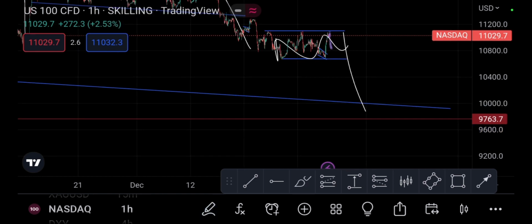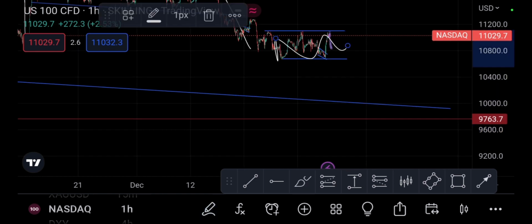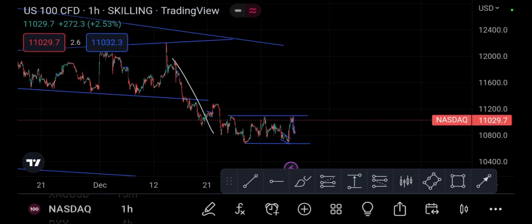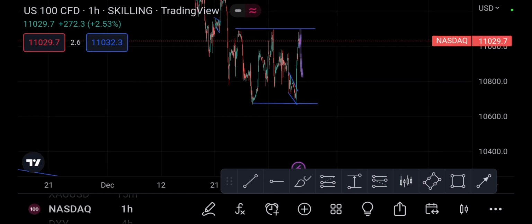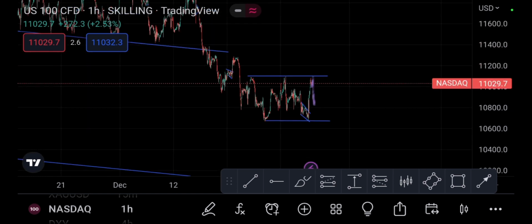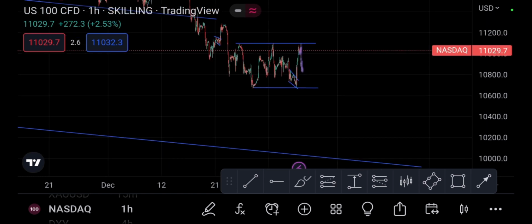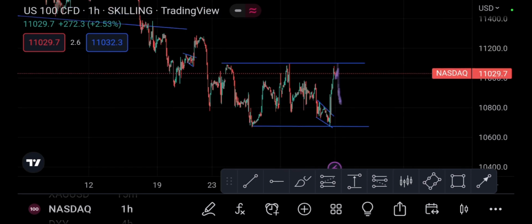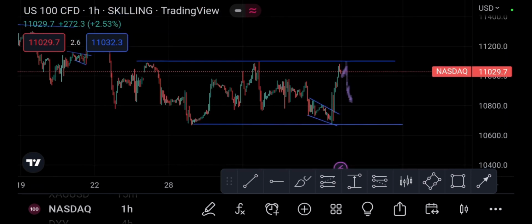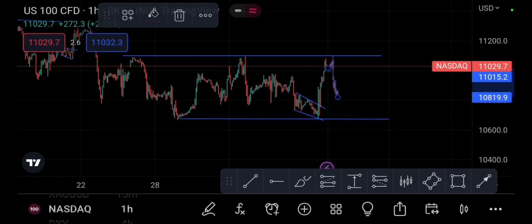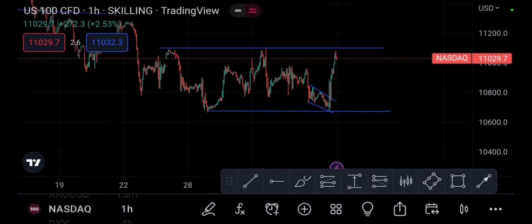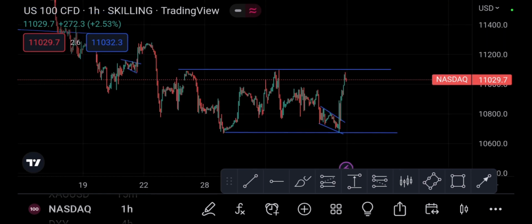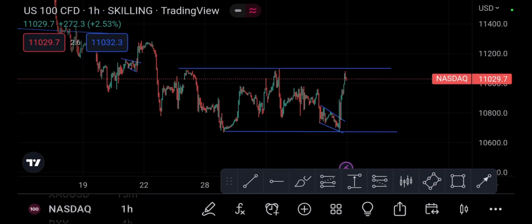All right. Let me clear the chat and make things more clear now. We are here now. This is a continuation flag, a bear flag. Yeah, we have this bear flag, right?